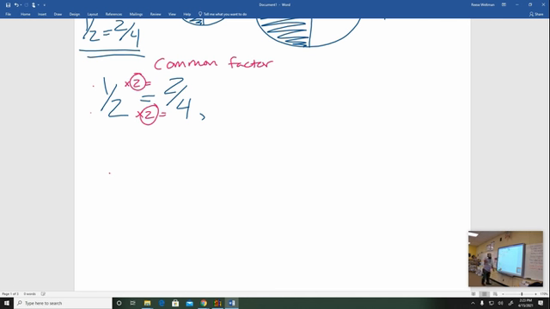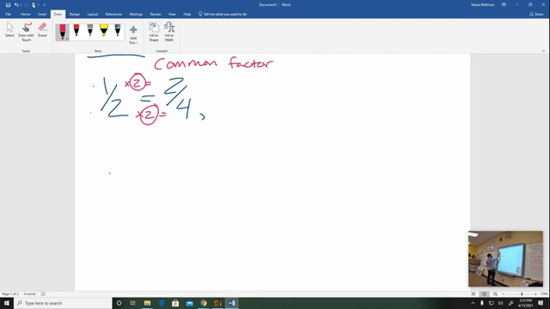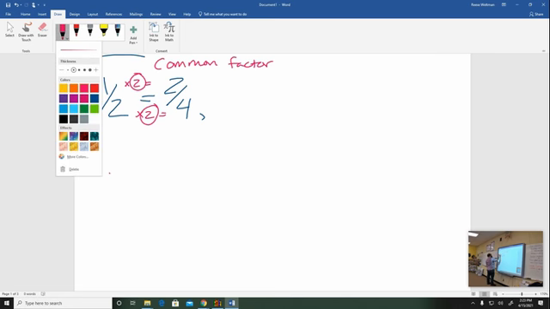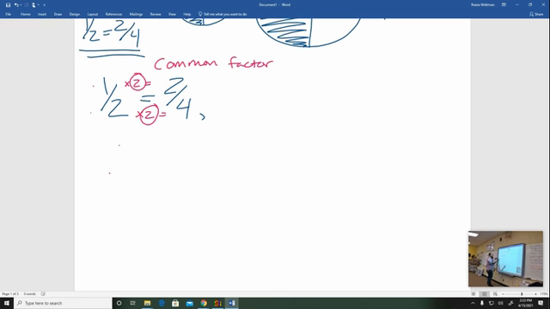Okay? Another pattern here, because they're all 1/2, because every number that we're about to look at is equivalent to 1/2. Another pattern here, which is kind of a fun one to look at, is the relationship between 2 and 4. 2 is half of 4.